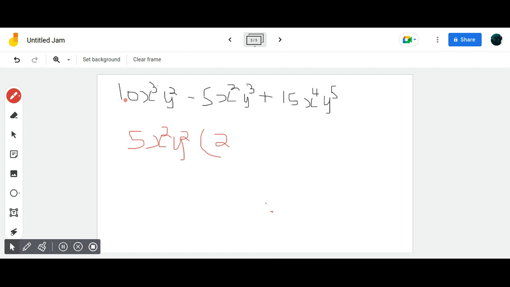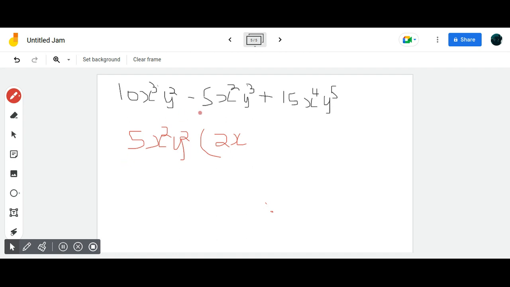So 5 into 10, sorry, goes 2 times. X square into x cube leaves x. Y square into y square cancel. So that's only going to leave 1, which is not needed.